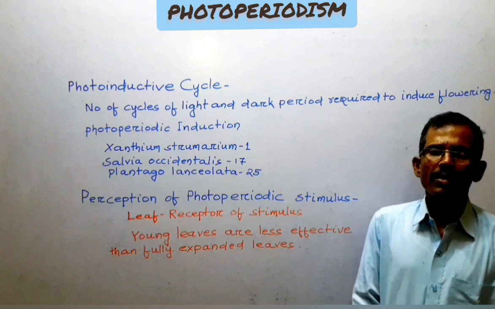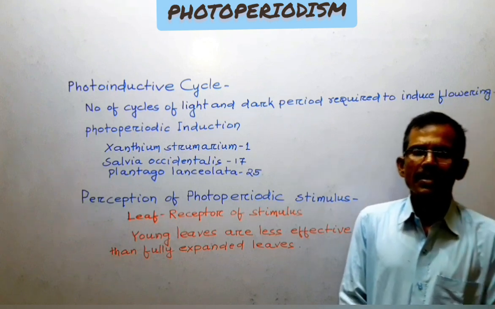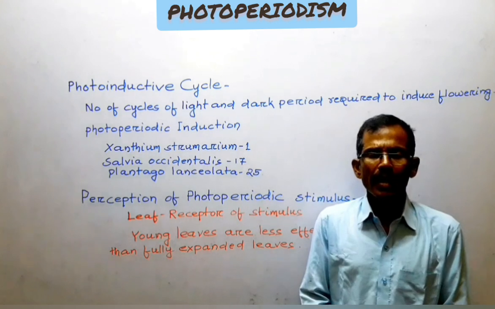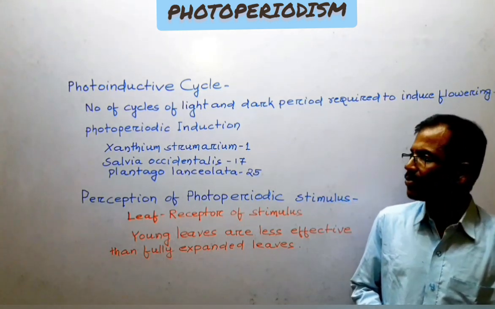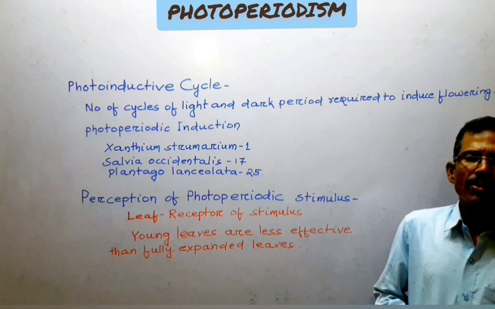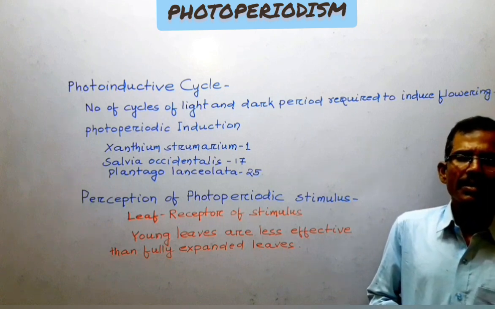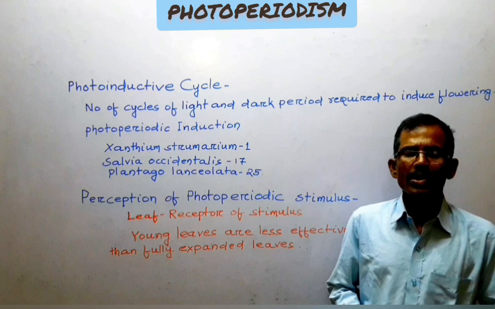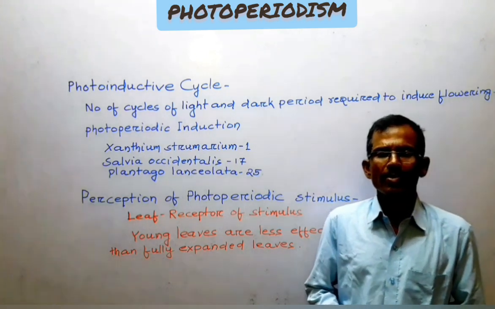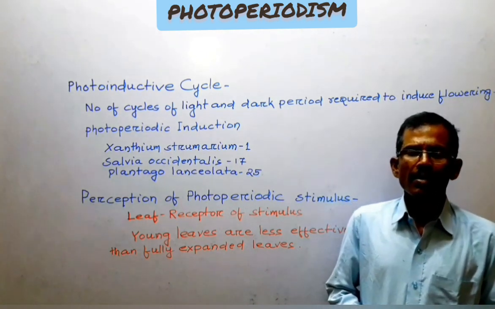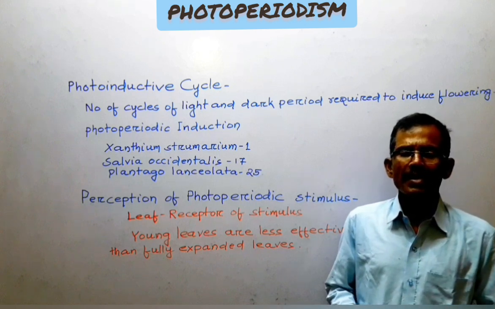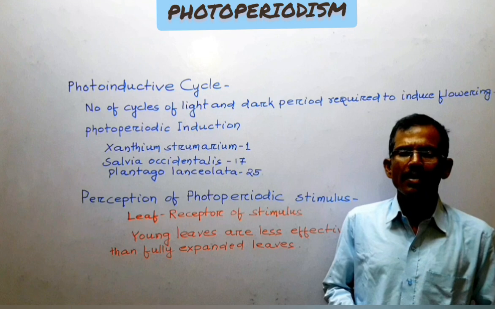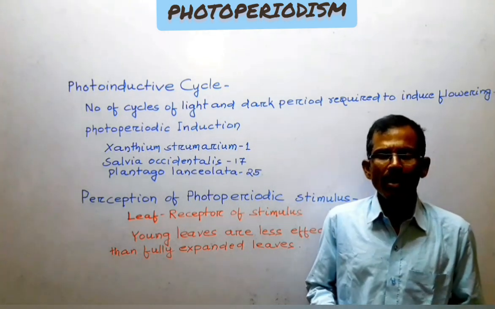Now, photoinductive cycle. It is the number of cycles of light and dark periods required for initiation of flowering. Photoperiodic induction is a progressive process which yields a quantitative response. The number of photoinductive cycles provided may be in excess of the minimum number required to induce flowering.